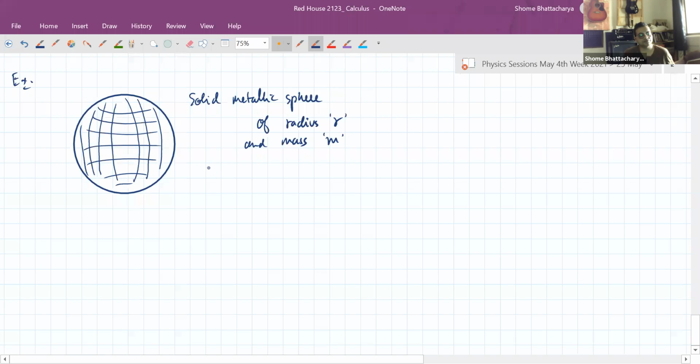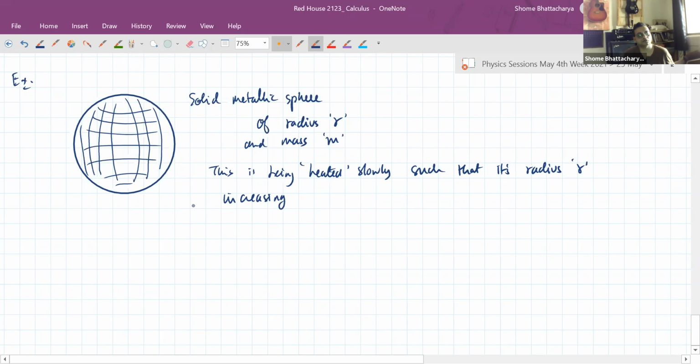Now this is being heated slowly such that its radius is increasing very slowly with respect to time at a rate of 0.3 millimeters per second. So at a uniform rate, in fact.